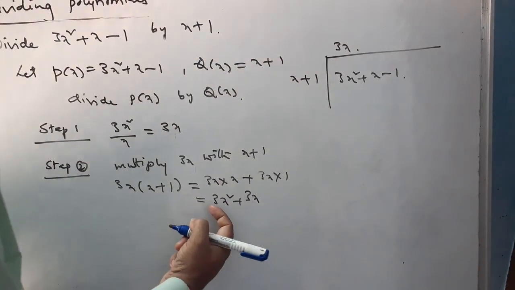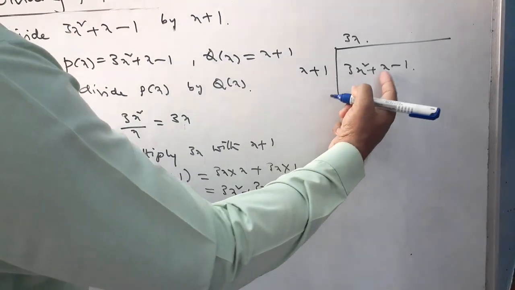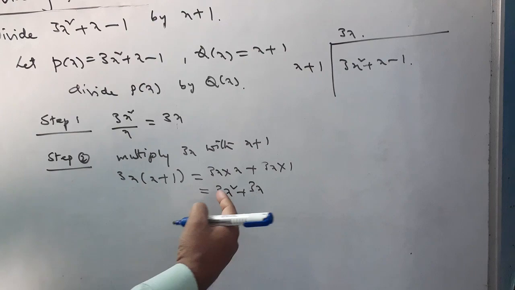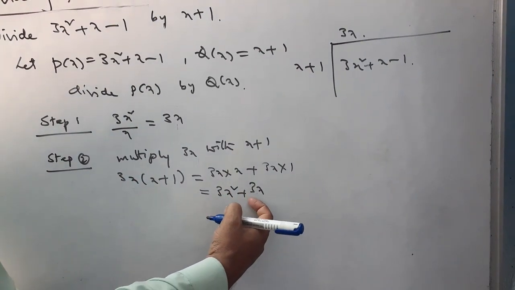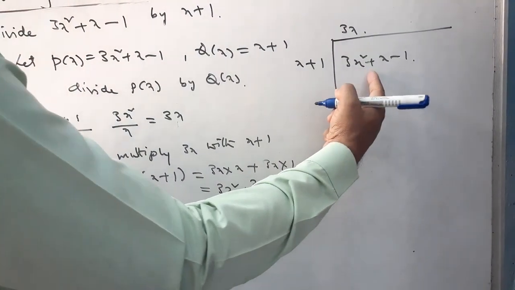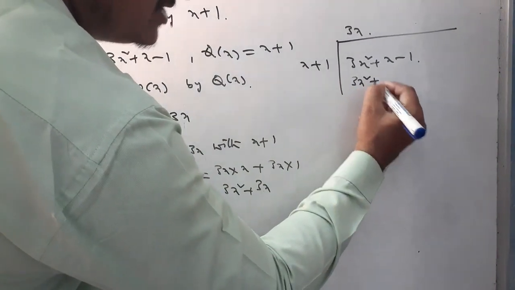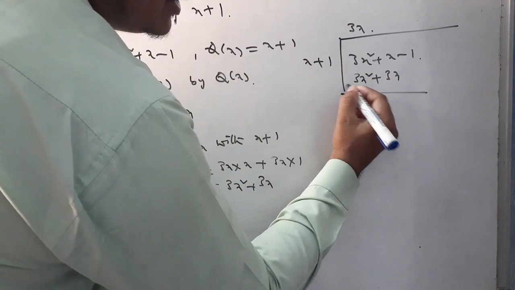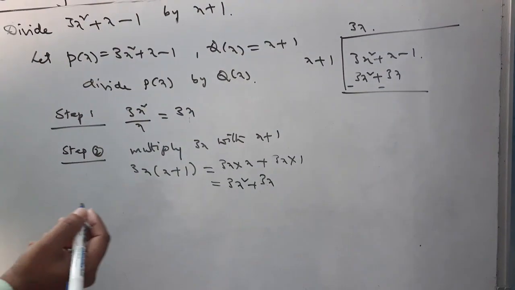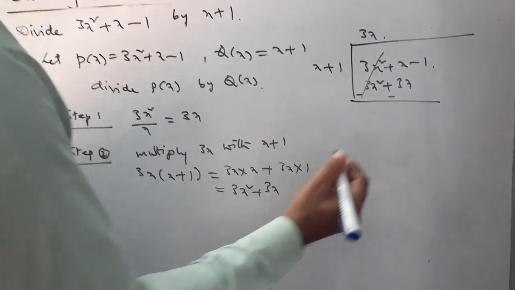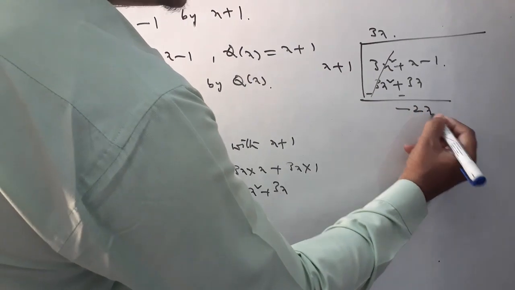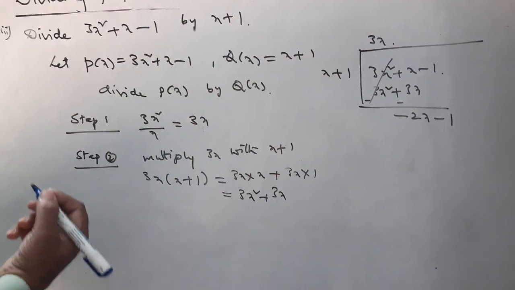Now 3x square plus 3x is subtracted from 3x square plus x. Here we write 3x square plus 3x. Subtracting means the signs will be changed. These both will be cancelled. Here we will get minus 2x minus 1.